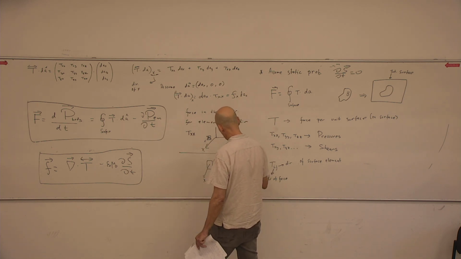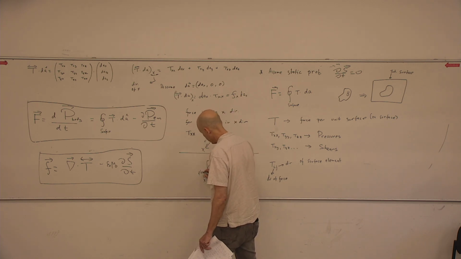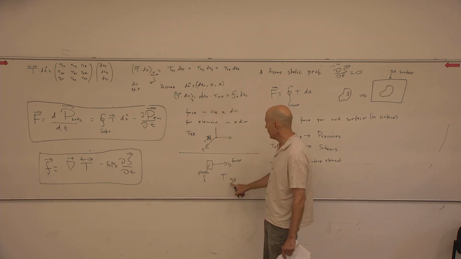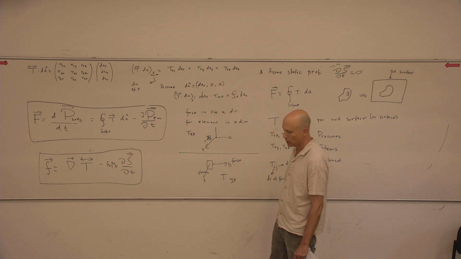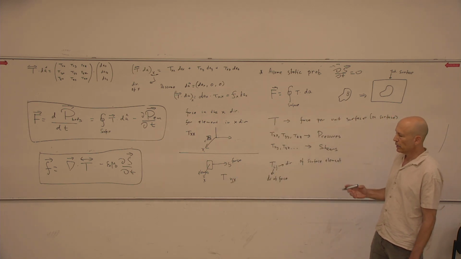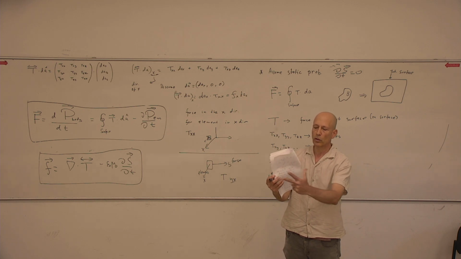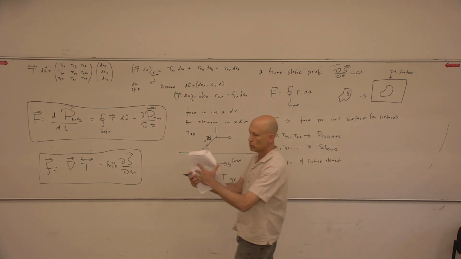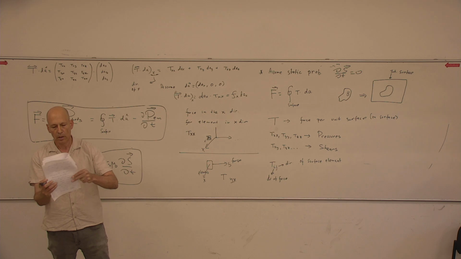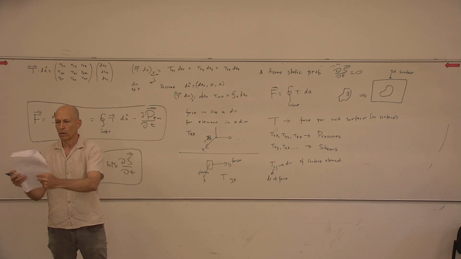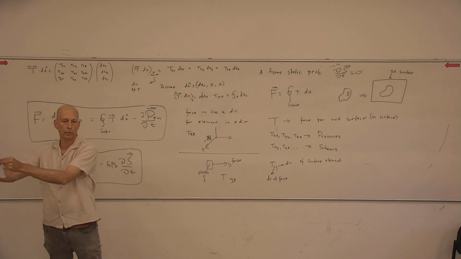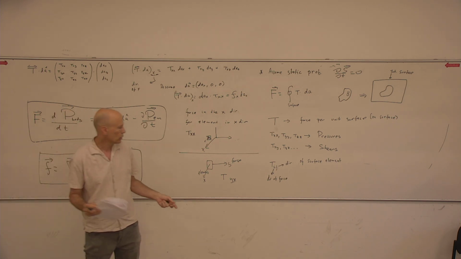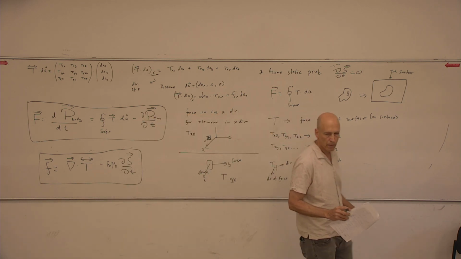If the force is in the y direction, and x is the direction of the element, this is given by Tyx. So what does it mean? You have a sheet of paper. Usually we think of things bombarding it and giving a force, which is a pressure, like in a gas. But you can also have a shear, which means that the vector is going in this direction, but the force is going in that direction, moving my sheet in the direction of the force. This is all it means. This is the meaning of this Tyx. Okay, is this more or less clear?